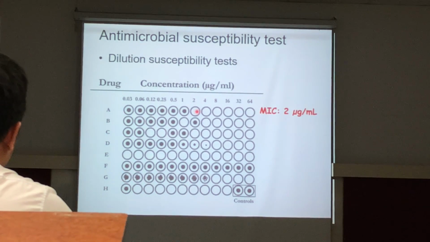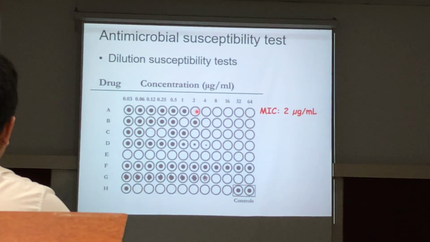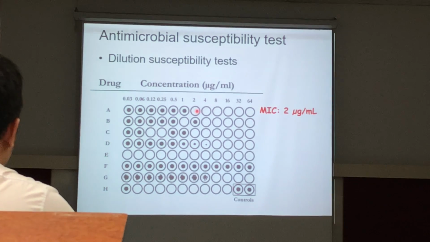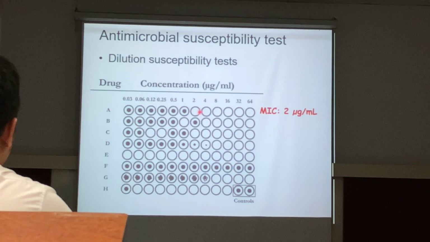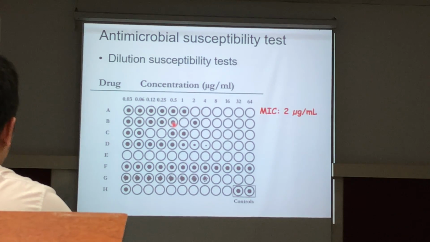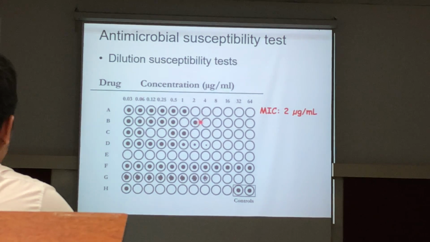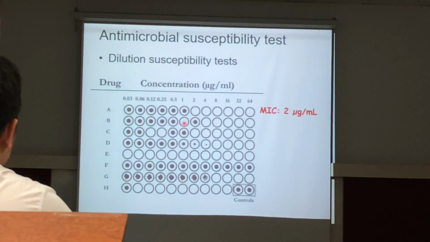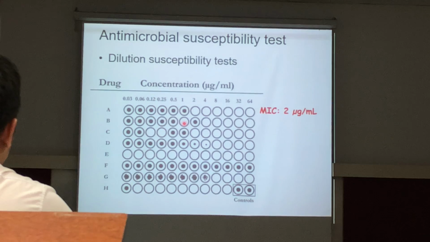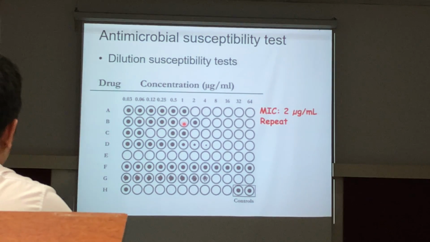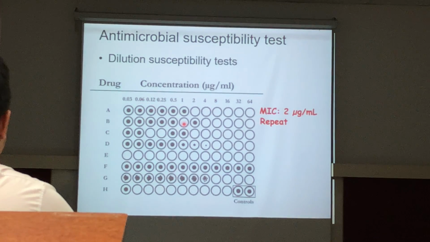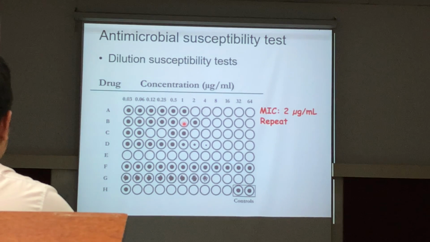What about the B row? 4? Look well. How is it possible that you have no growth here, and at higher concentration you have growth back? So you have to repeat. This happened. What about the C?